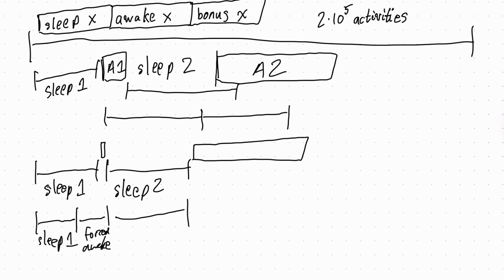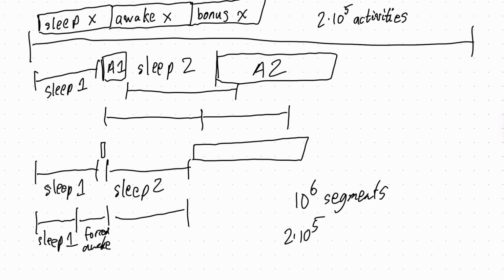So in this problem, we were given that there were up to 200,000 activities that we could perform, and we merely have to output some sleep schedule that has at most 10 to the 6 segments. Under this construction, we can observe that in the unrestricted problem, we would have 2 times 10 to the 5 segments at most.